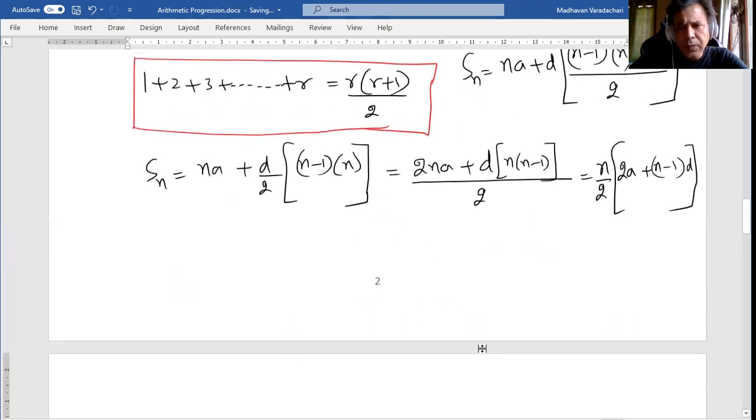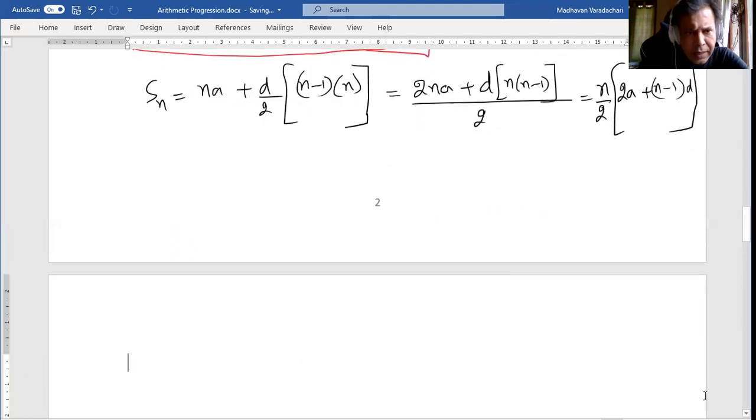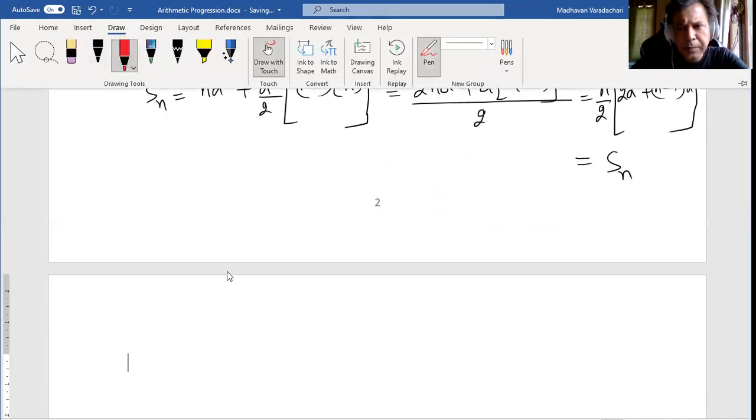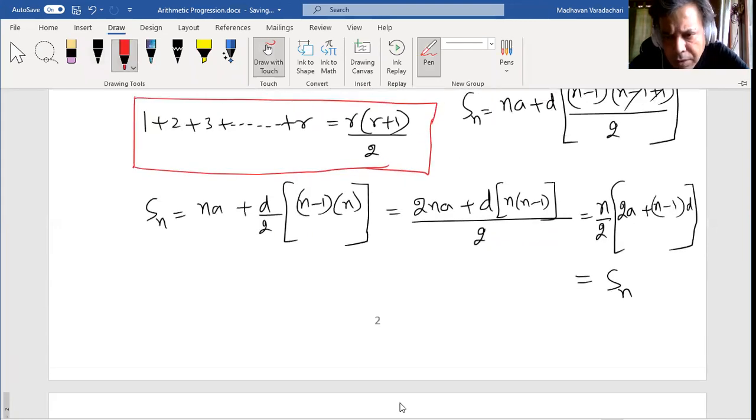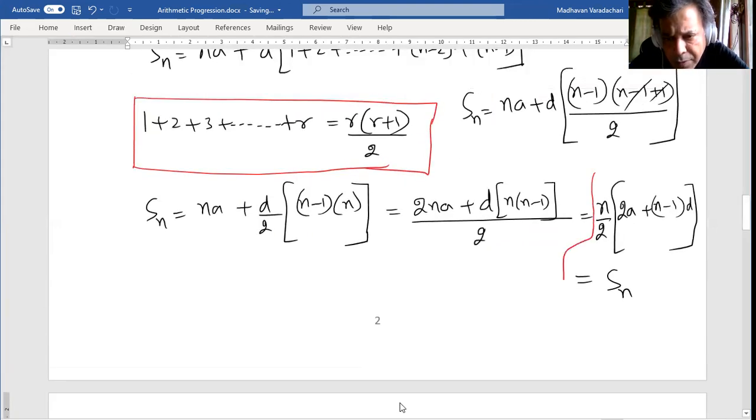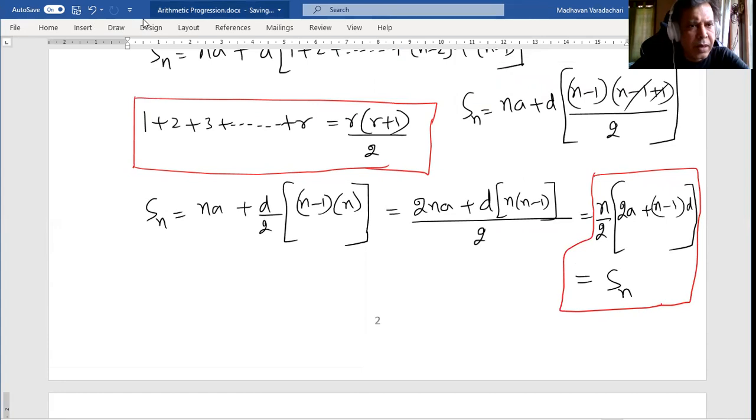Now I can write like this also. So I will put one formula like this. Let me put that in a box. So in short, Sn can be evaluated as n by 2 times 2a plus n minus 1 times d. That is one part.